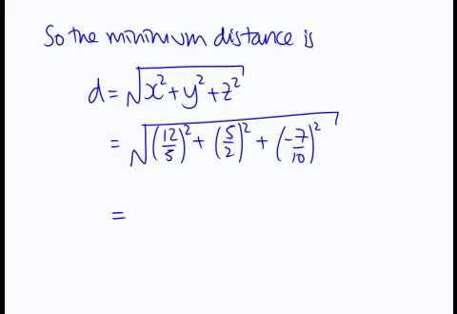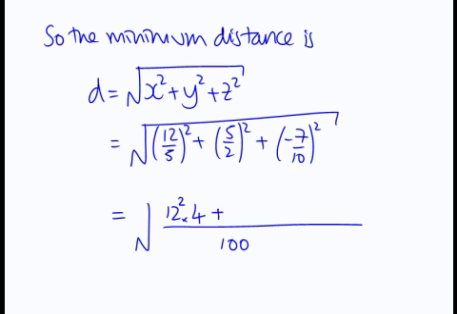And you can work with this algebraically. I can perhaps put it all over a common denominator, which looks like being 100 from that 7/10 there. So for the first term, I've got 12 squared, and I've got 5 squared on the bottom, which is 25, so I have to multiply by 4. And then I've got 5 squared, and I've got 4 on the bottom, so I've got to multiply by 25. And then I've just got a 49.